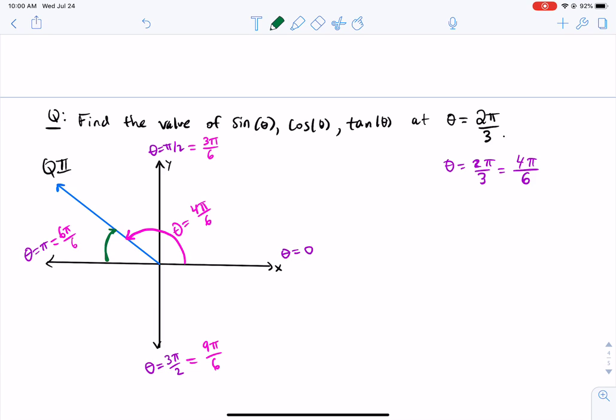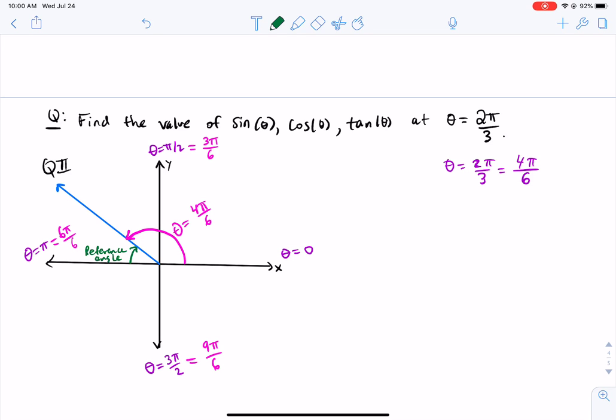That little angle is the angle that you need to make it to the x-axis, 180 or 2 pi. It could be anywhere on the x-axis. This angle is always going to be an acute angle between 0 and 90 degrees. So let me draw this smaller and call this a reference angle.